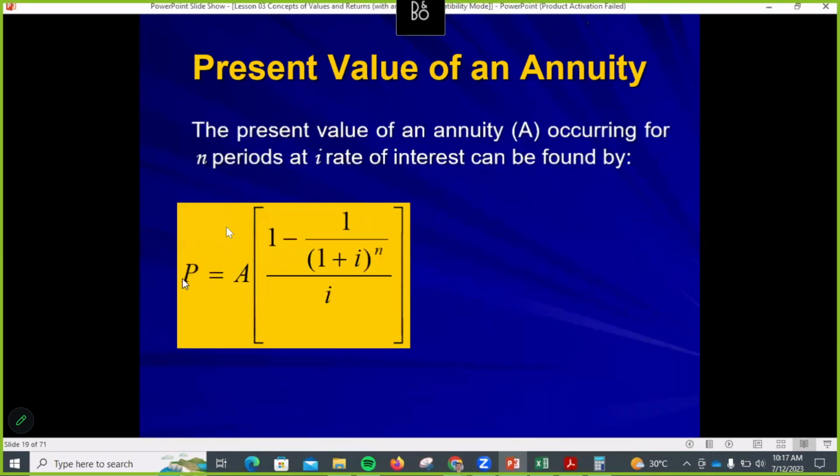Again, you want to memorize it. Can you do that? P is equal to A into 1 minus 1 over 1 plus i to the power n, over i.